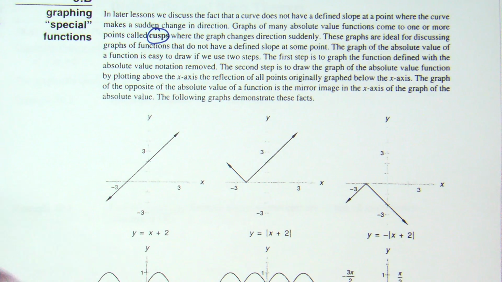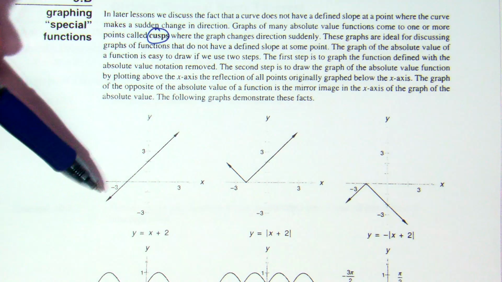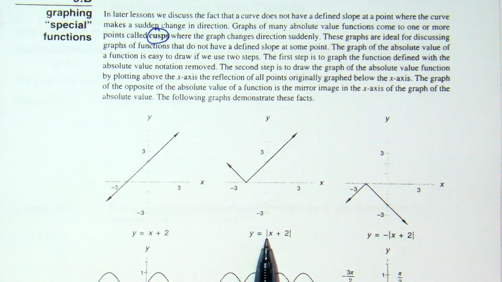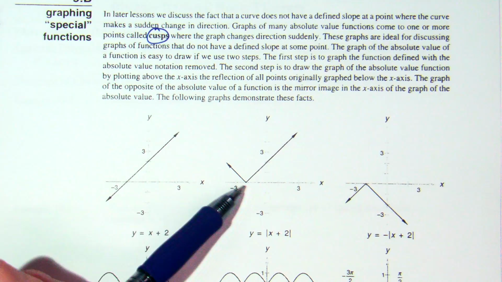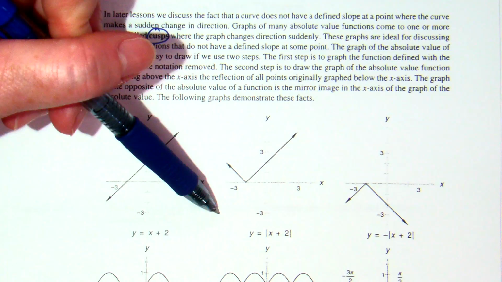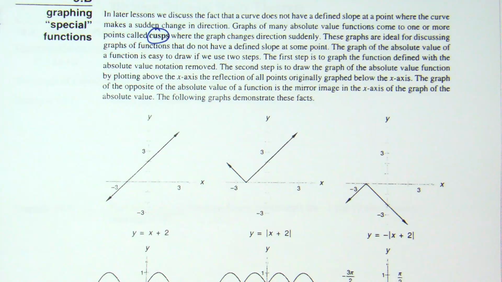Okay? So, just some examples. Here is the line y equals x plus 2. You could graph the line x plus 2, yes? In this case, if you throw on absolute values around x plus 2, the absolute value of x plus 2, we're trying to make the y value positive. So making the y value positive would take anything that is below the x-axis and flip it up.